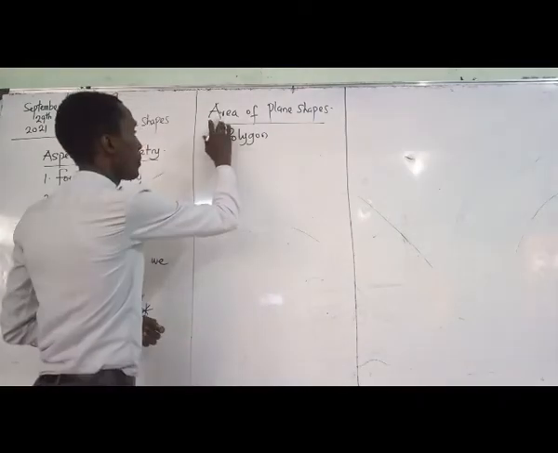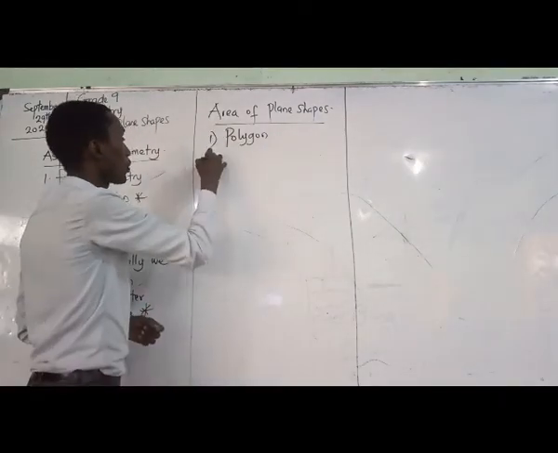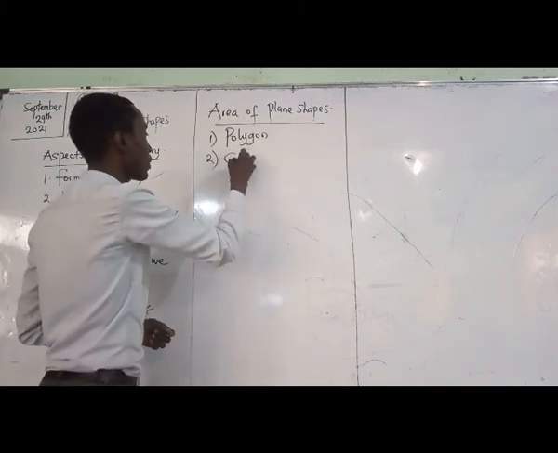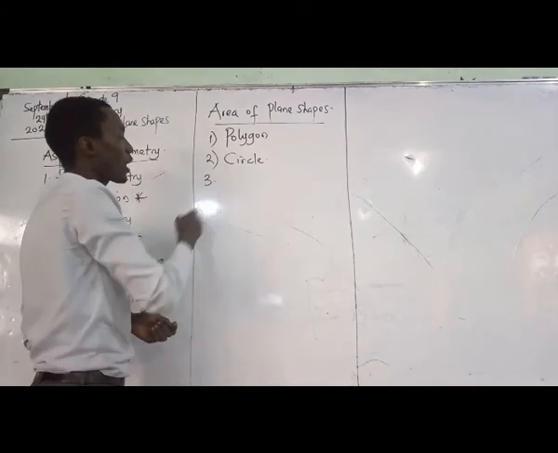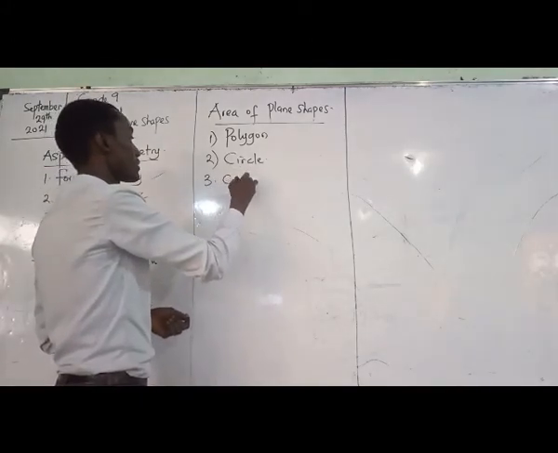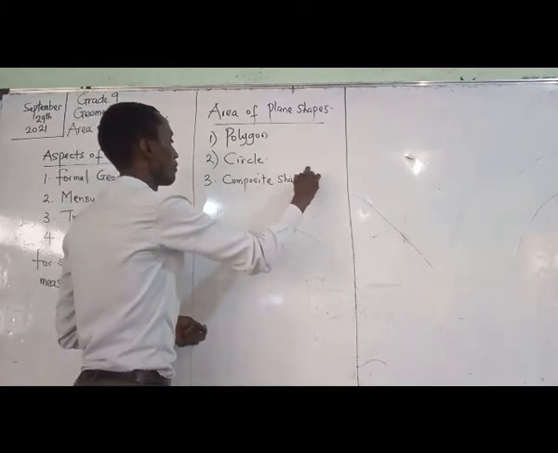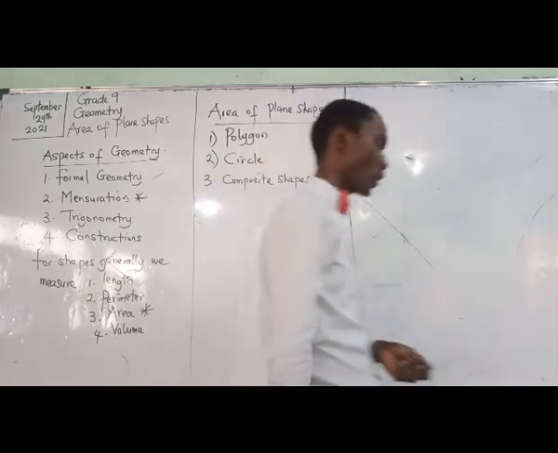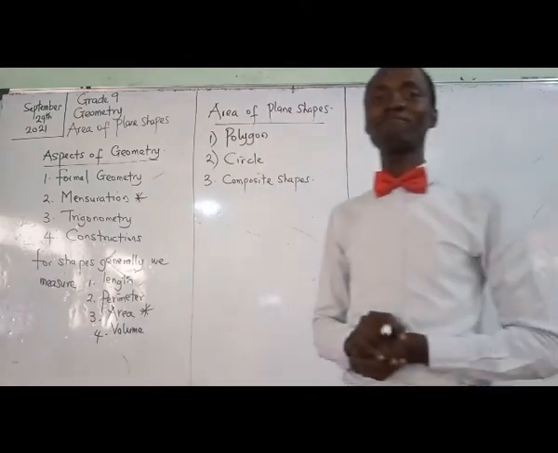So for plane shapes, we look at one, polygons, another, circles, and the last, composites, where we have two or more plane shapes coming together.